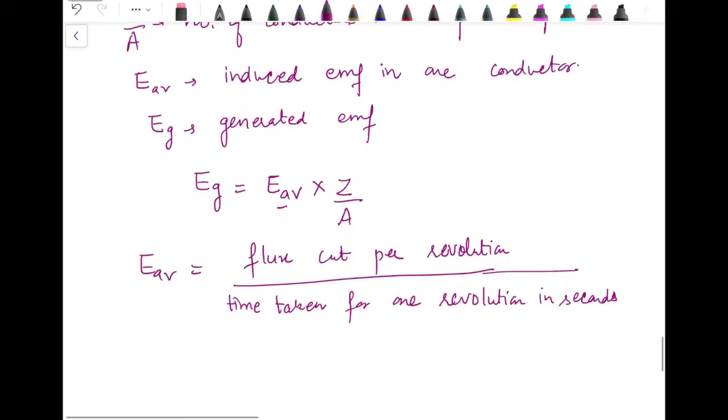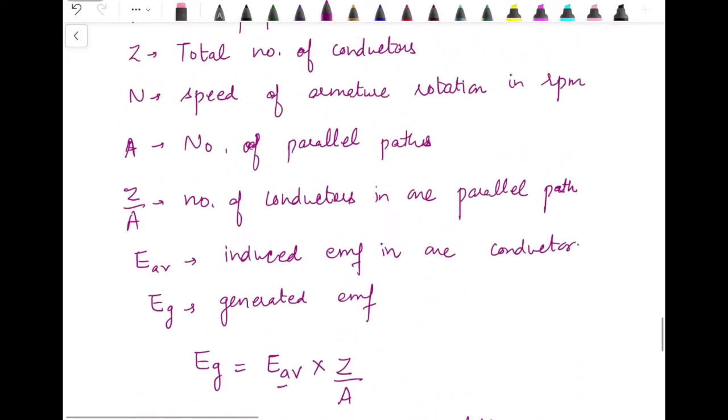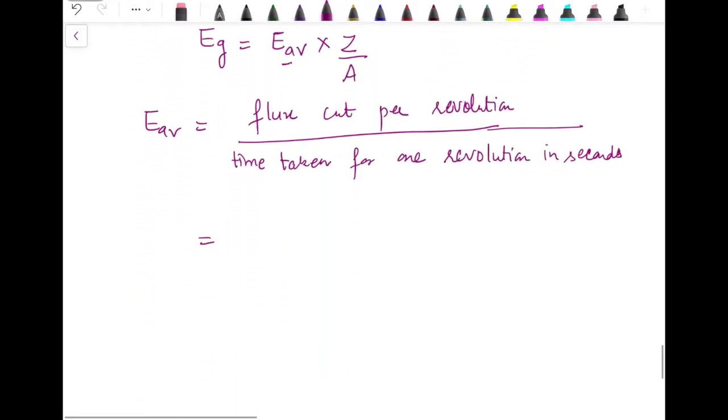So flux cut per revolution will be calculated from flux and number of poles. Phi is the useful flux per pole, P is the number of poles. So in one revolution, the total flux will be P into phi. Since this flux will be associated with all the poles, it's P into phi.